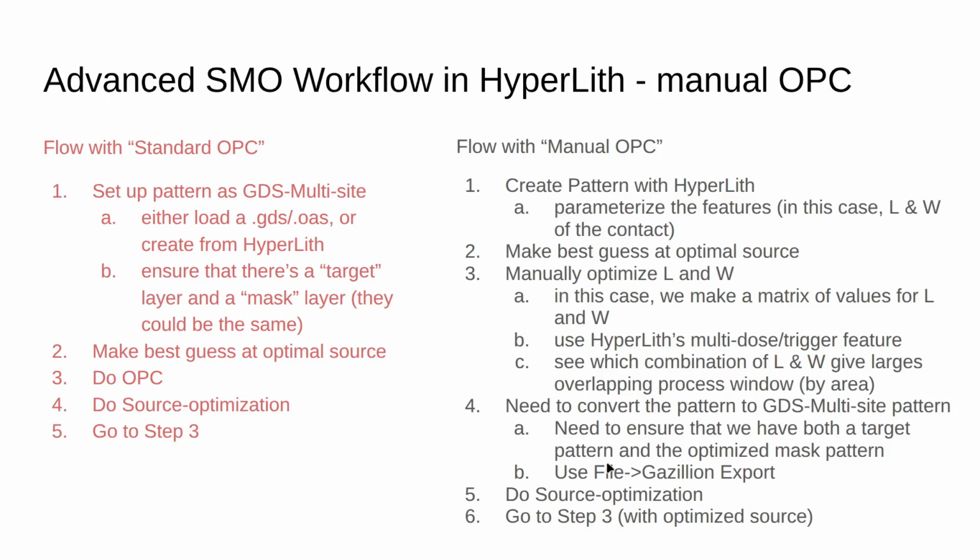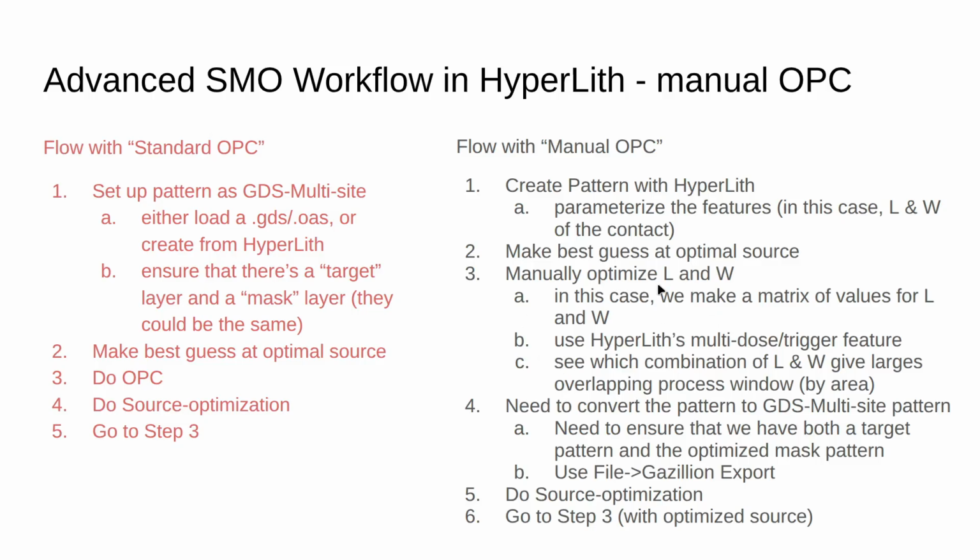So to summarize, we created a pattern with HyperLith. We parameterized that pattern. We took a best guess, which was just annular, for an optimal source. We did kind of a manual OPC.